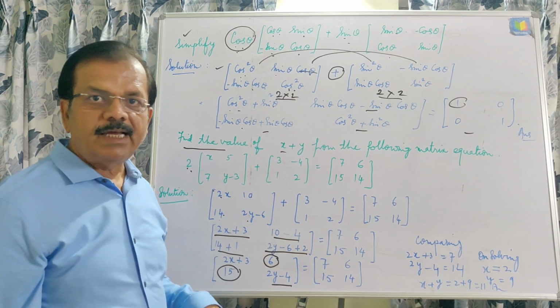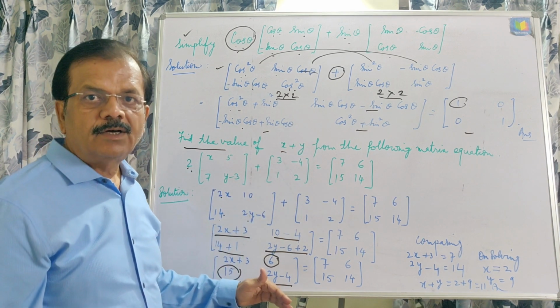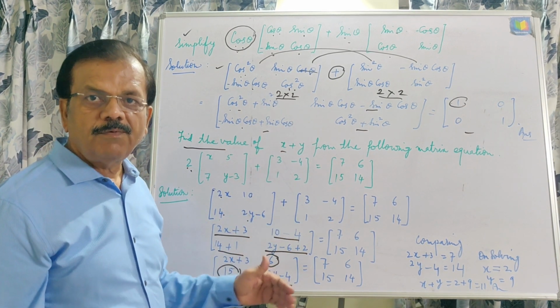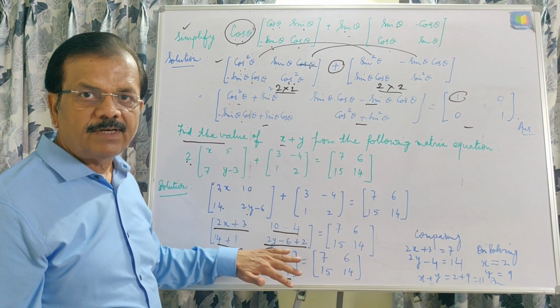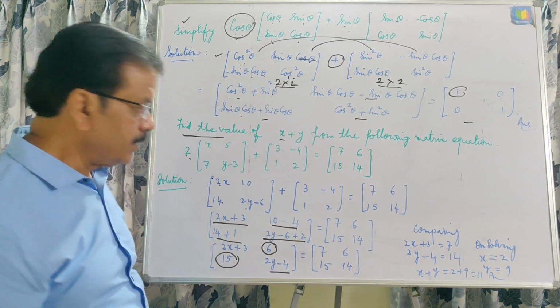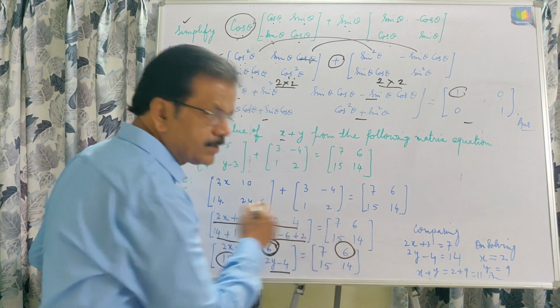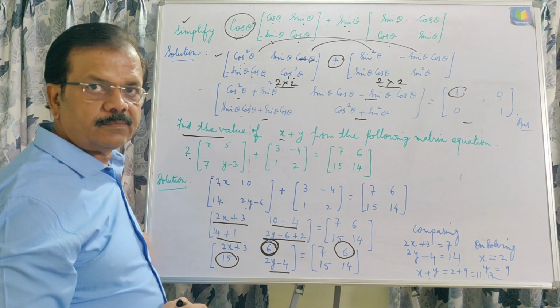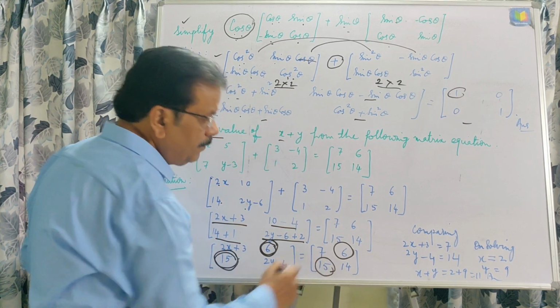For the safer side, whether your calculation is correct or incorrect, or in some cases, if you are given any two matrices in such a way, one matrix on left hand side, other one on right hand side, you can check your answer. If this is 6, then this should also be 6. If this is 15, this should also be 15.